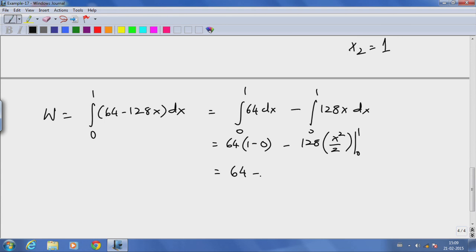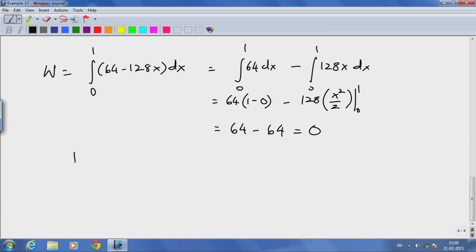So, this is 64 minus 64, which is 0. So, the actual work done on this body is 0, which also should mean half m v2 squared minus half m v1 squared is equal to 0.